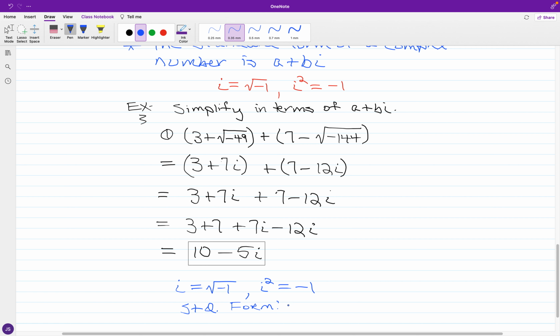Again, for the standard form of a complex number, we have a plus bi.